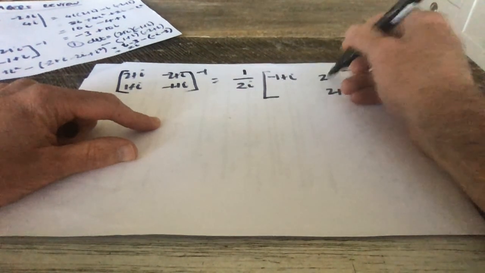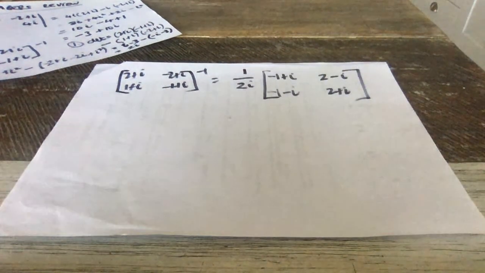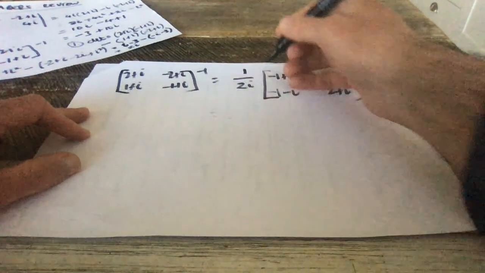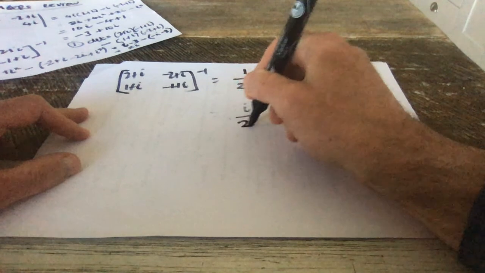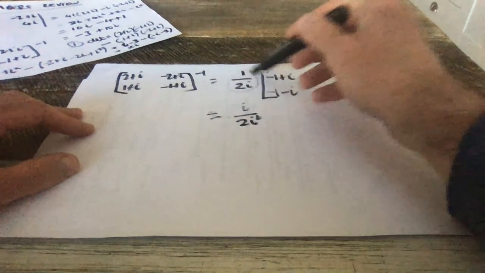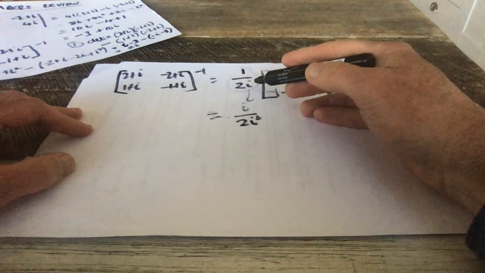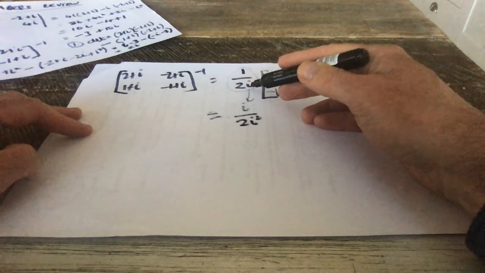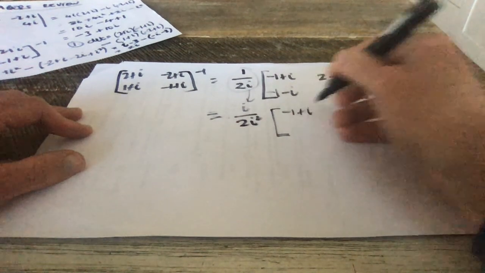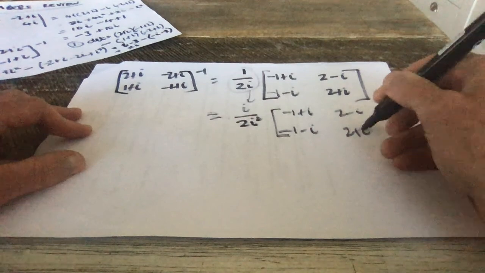So this becomes 2 minus i, and this becomes minus 1 minus i. And you can multiply in by the 1 over 2i. You can write 1 over 2i as i over 2i squared. So all I'm doing here now, guys, I'm taking this term here and I'm multiplying above and below by i, because we hate i's below the line. So what you do to get rid of an i below the line is you multiply above and below by i. So it's minus 1 plus i, 2 minus i, minus 1 minus i, 2 plus i.